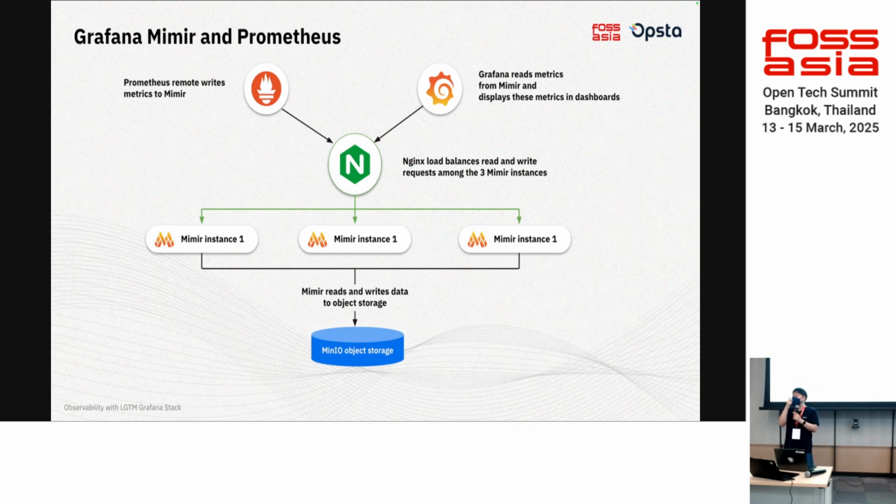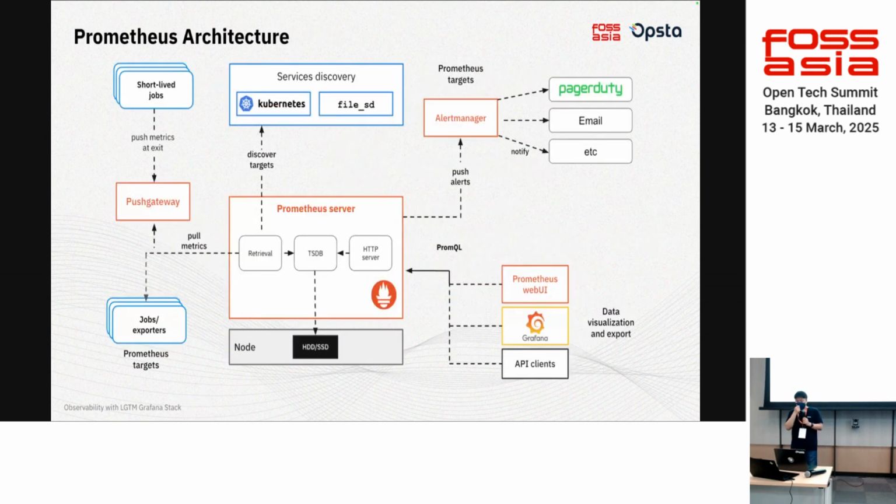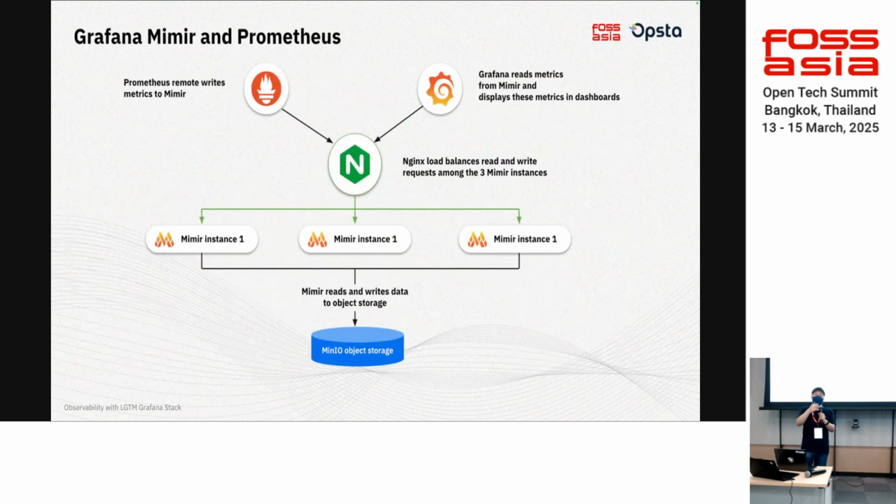Compared with other stacks that use a real database, which consumes a lot of resources and costs more too. So every component in the LGTM stack stores everything in object storage. You can compare with the Prometheus architecture, where there is no storage to be the long-term storage anywhere, compared with Mimir, where we store everything in the object storage.